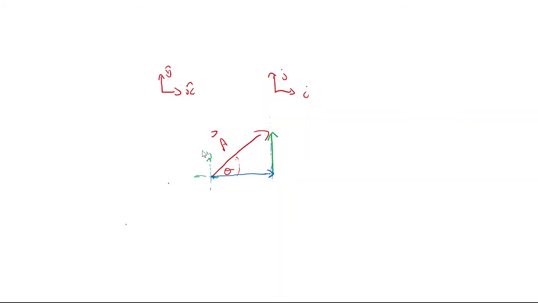So this one is something that we call the x component of this vector, meaning that it is part of this vector, but in the x direction. It's still part of this vector. It's not the whole vector.